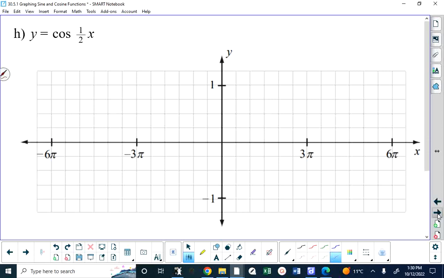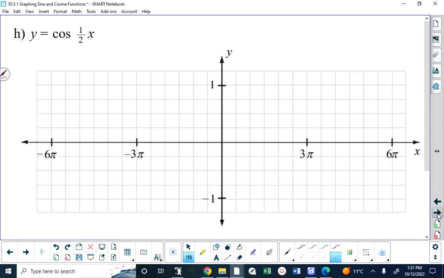Lucas, what's the domain of this function? X is any real number. Thomas, what would the range be? The range. -1 to 1. You'd write -1 is less than or equal to y, which is less than or equal to 1. What's the reason, Carly, why it's -1 to 1?